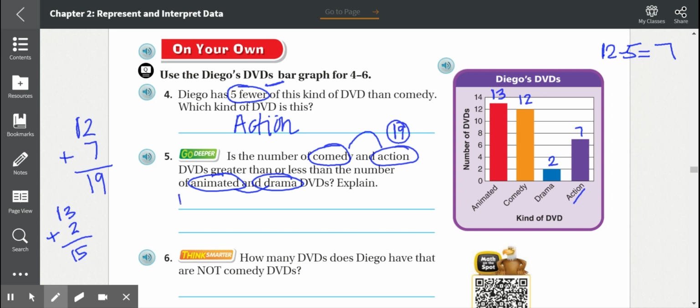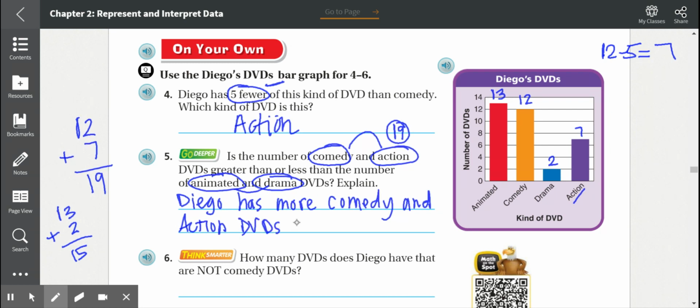So we'll say Diego has more comedy and action DVDs. And the reason we know that is because 19 is greater than 15. Okay.